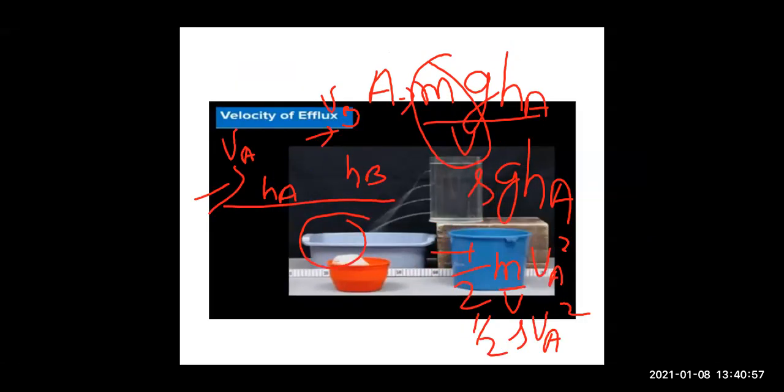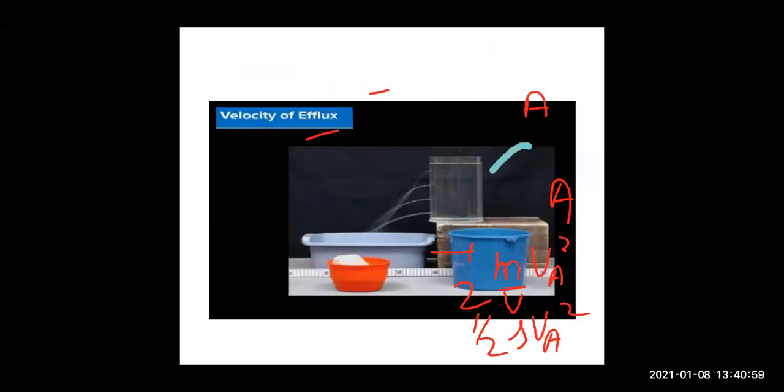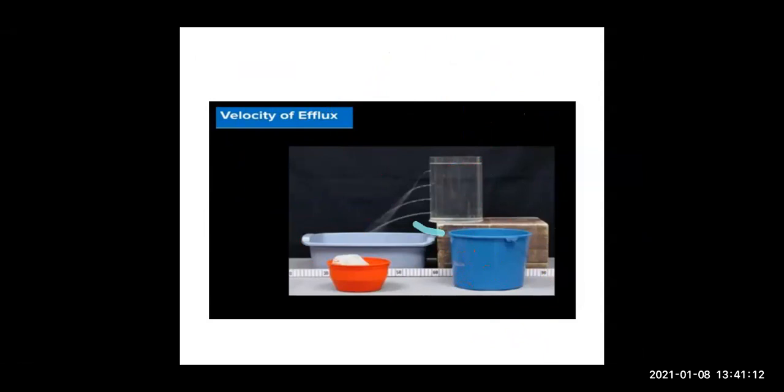Now children, from Bernoulli's theorem, we are going to talk about the velocity of efflux. Here you can see a very nice experiment. We have made holes in this beaker and you can see the speed of the water coming out.